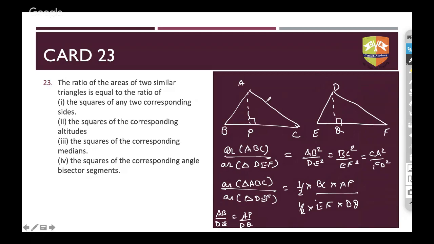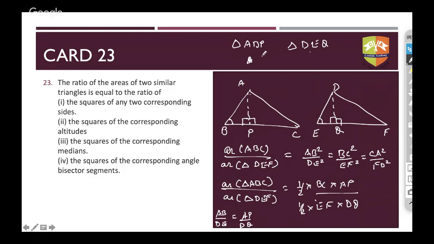How? Because if you see, this angle is equal to this angle, and this is 90 degrees. I'm writing here for the lack of space. So consider triangle ABP and triangle DEQ.